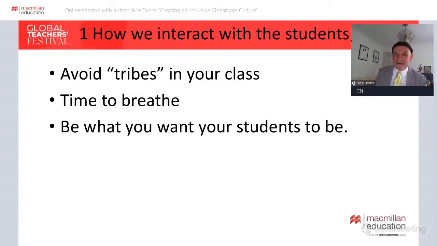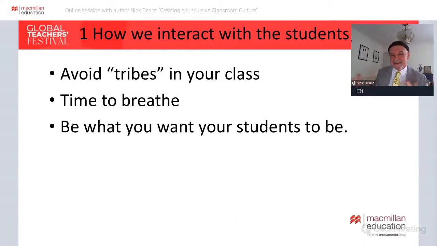That's another little tribe. Now, in a way, that's okay. They have their own friends, but we want to somehow get everyone involved in the class, so that if necessary they can all work with each other, not just in their little tribe. So that's one thing we're going to look at.